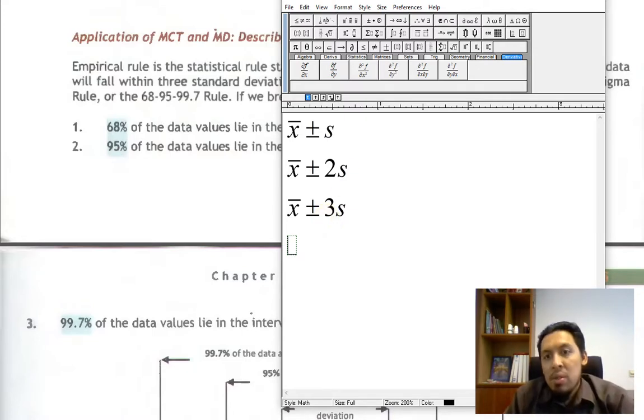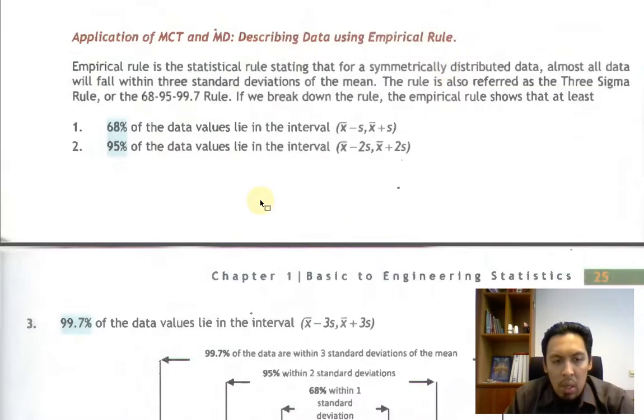Interesting, right? So for example, by using the 3 sigma rule or the 68, 95, 99.7 rule, we can actually describe the data.